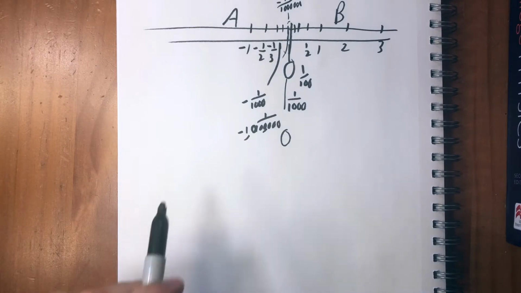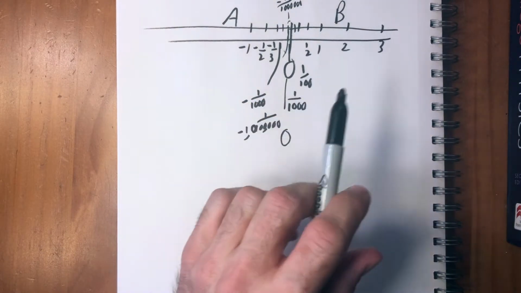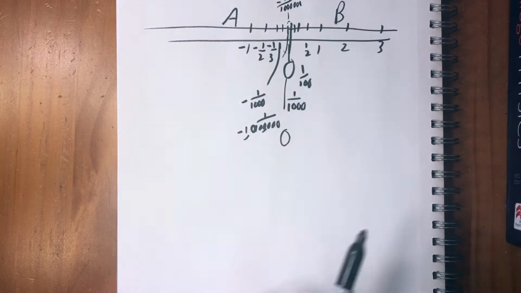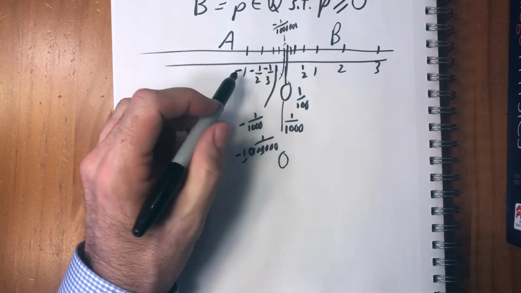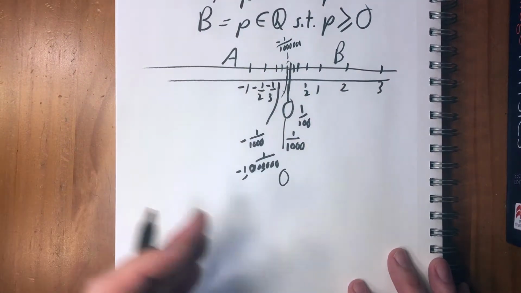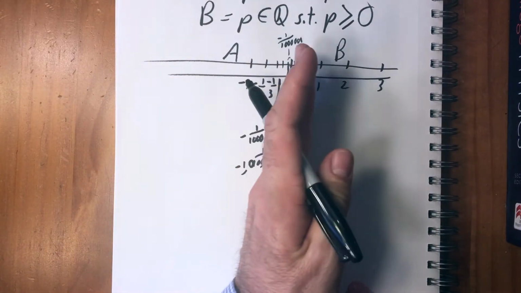Now, interestingly, the same thing is true of B. B does have a greatest lower bound. All of these are lower bounds of B: -1, -1/2. There's no element of B that is smaller than them, no matter how close you get.